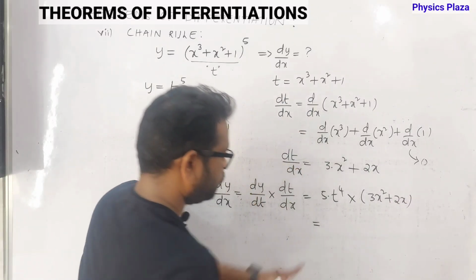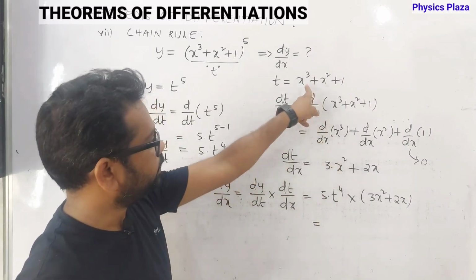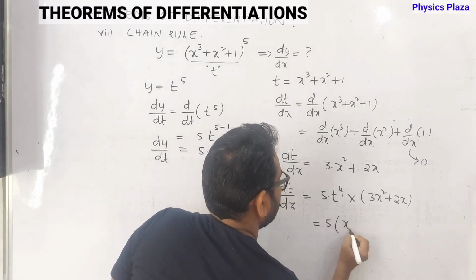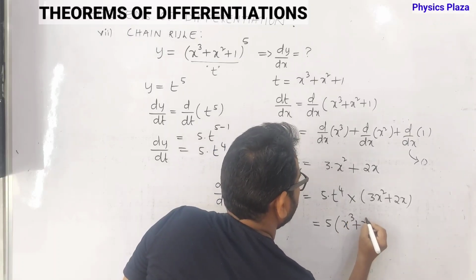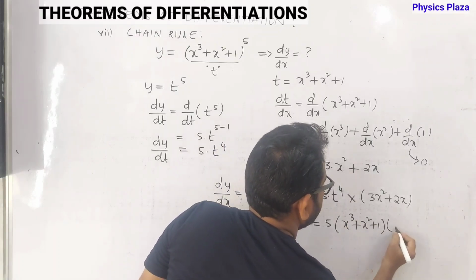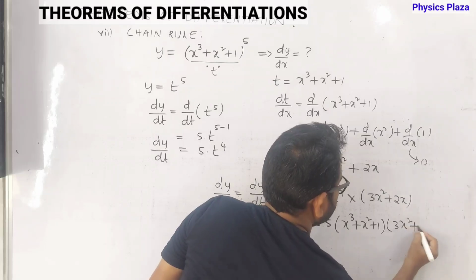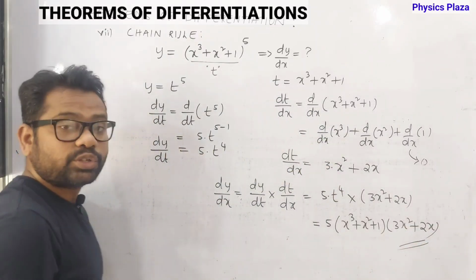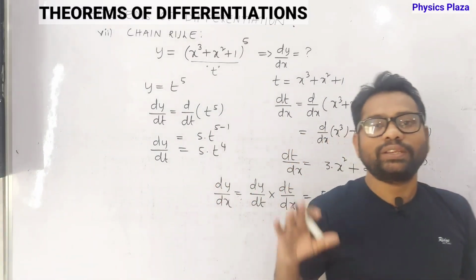Now children, anyhow, you substitute the t value here. That is 5 into (x cube plus x square plus 1) power 4 into (3x square plus 2x). Okay children, this is how we have to apply the chain rule.